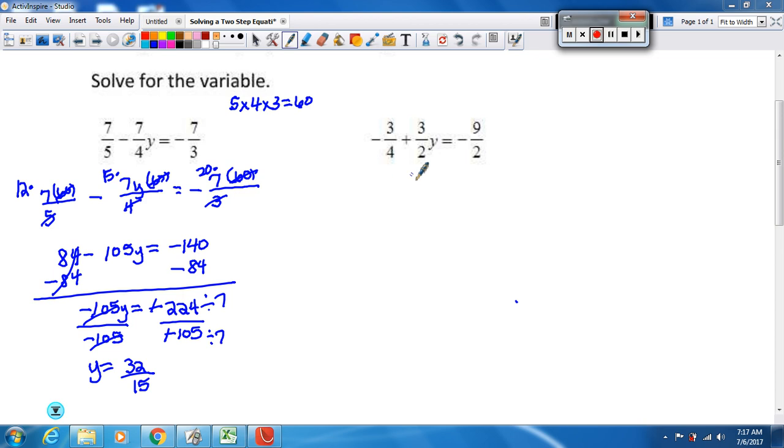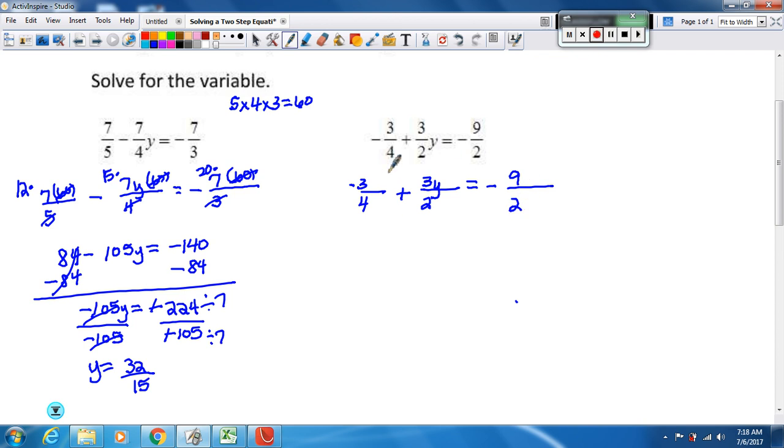The next one, the largest denominator is 4, and you can do 4 divided by 2. So 4 is going to be the number that we work with. So I'm just going to write it again like it looks with extra large fraction bars. Plus 3 over 2. The y is going to go up top. Equals negative 9 over 2.